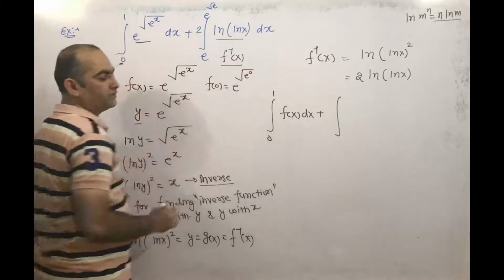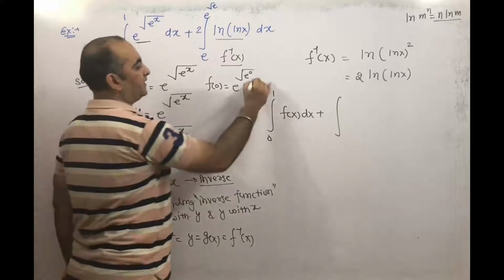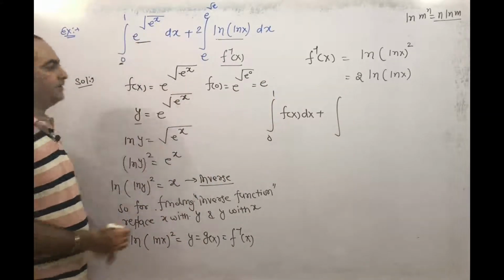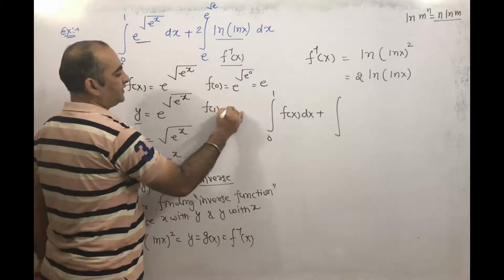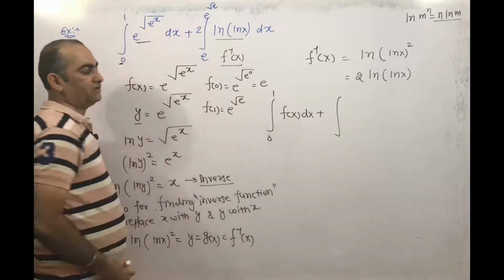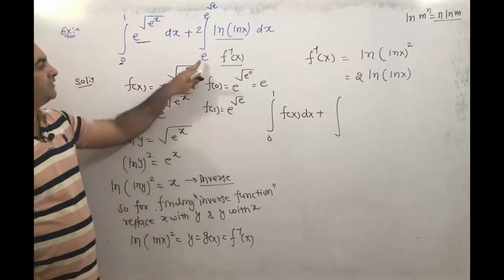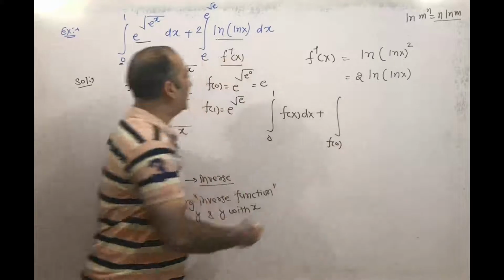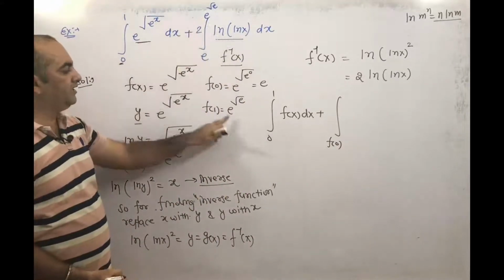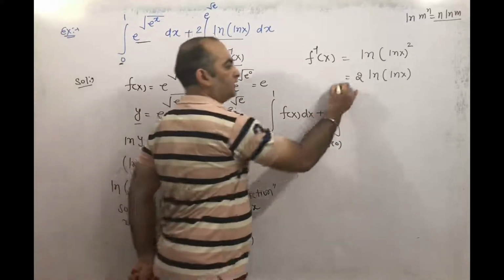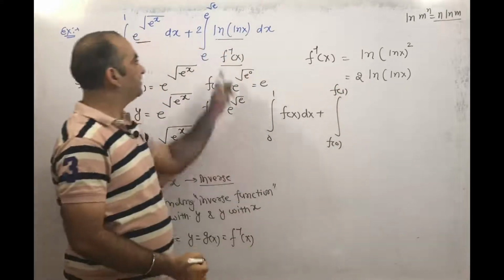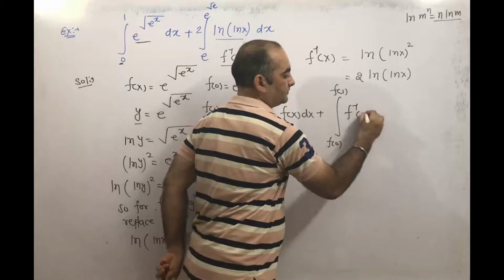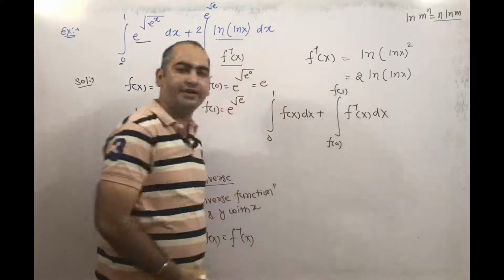So e is f of 0, and e power root e is f of 1. And this is 2 times ln of ln x, which is f inverse x, dx.